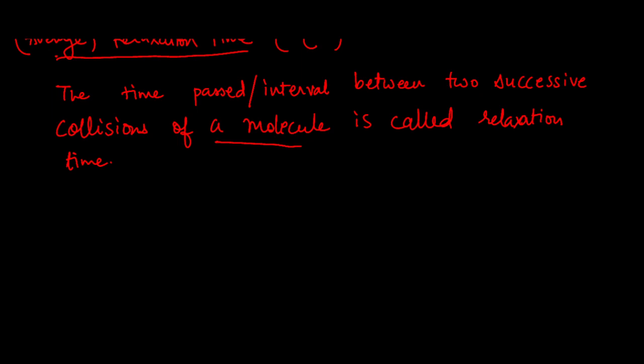Okay? Now you see after that collision it has started traveling a distance in a straight line. Obviously it will move in a straight line until some force acts on it, that is, until the next collision.